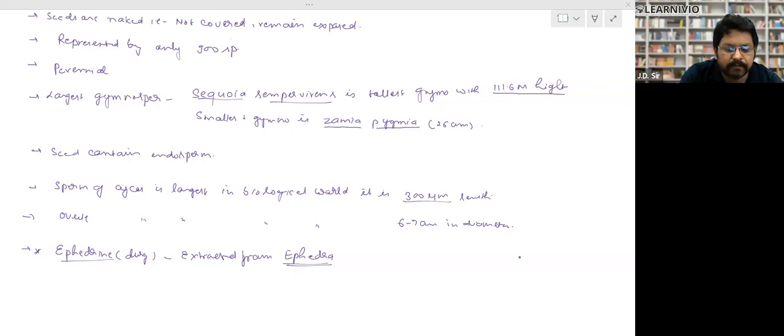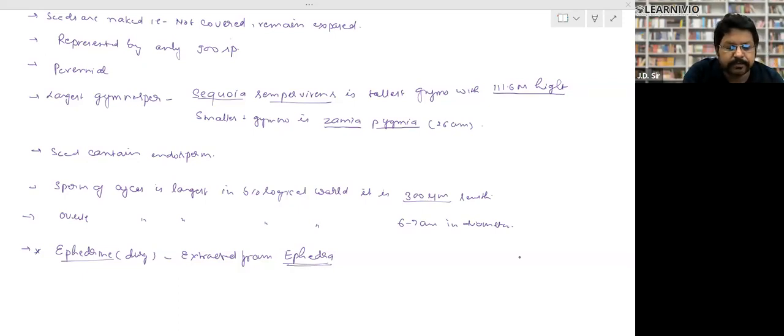It may be up to 300 micrometer in length. Micrometer, μm. I have already told you 1 micrometer is equal to 10 to the power minus 6 meters. Right?